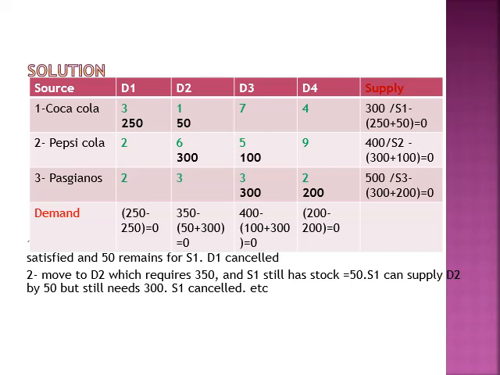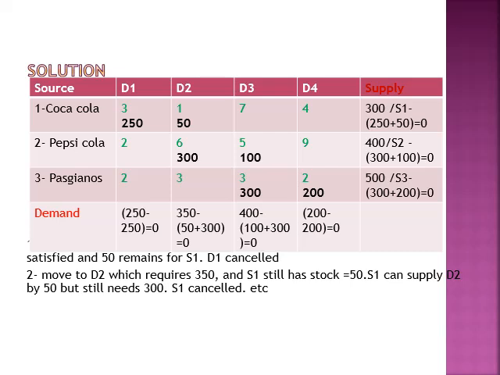The first column which intersects the next row, Pepsi Cola, is D1, which has no needs because its demand is already satisfied.